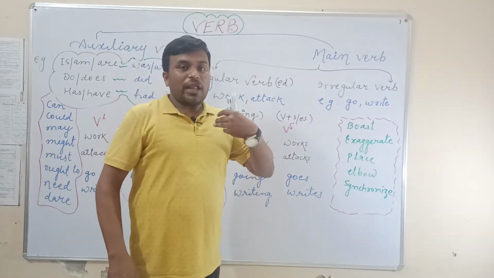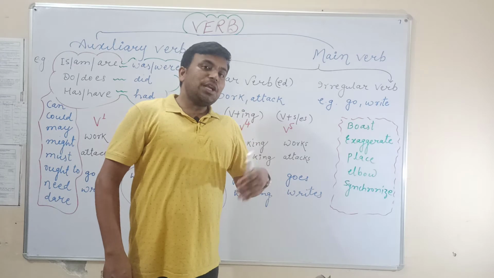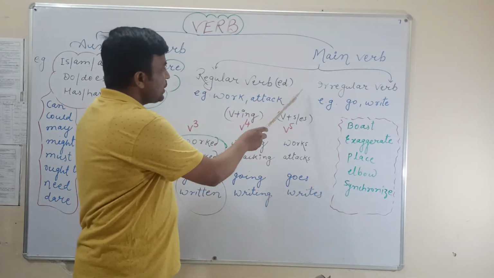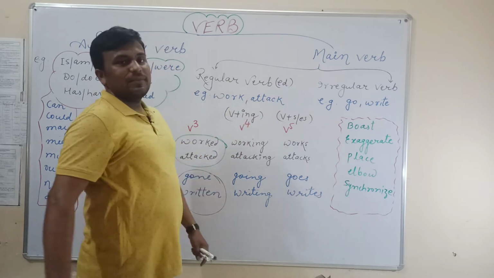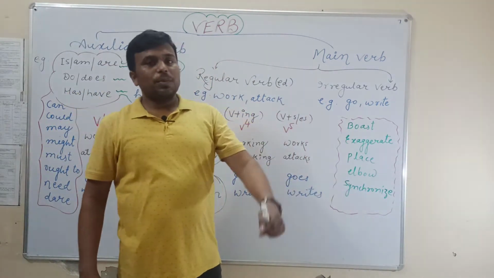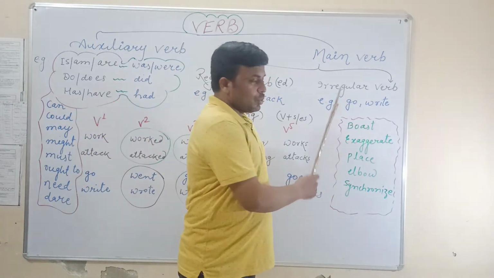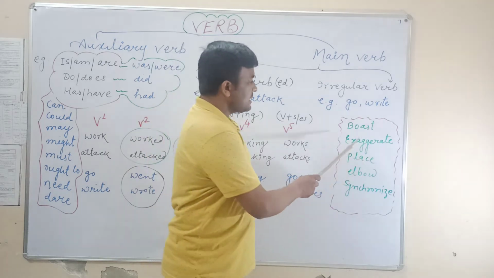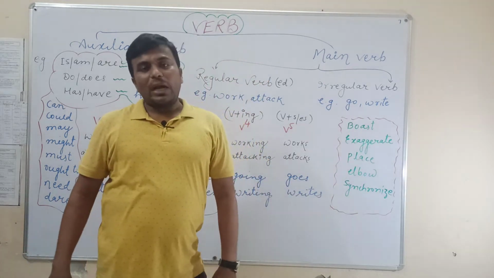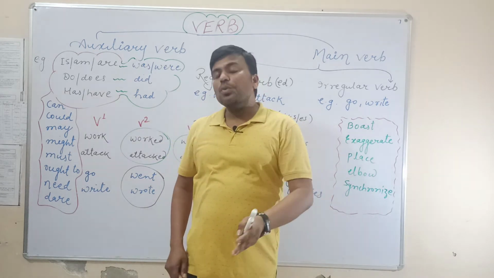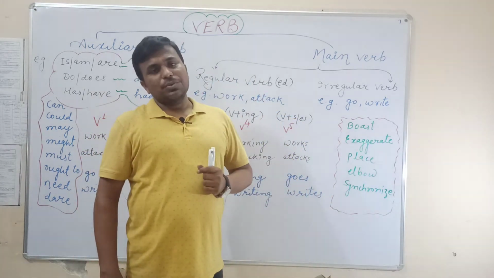When you talk of other than those 200 or 250 verbs, almost all the verbs are regular verbs. So whenever you come across any new verb, you don't need to panic. Simply you need to add ed with that. For example, like boast. Suppose you are not aware about the word boast. Boast, simply you add ed: boasted. Exaggerate, simply you add ed: exaggerated. Like place, place is used as a noun, can be used as a verb also.